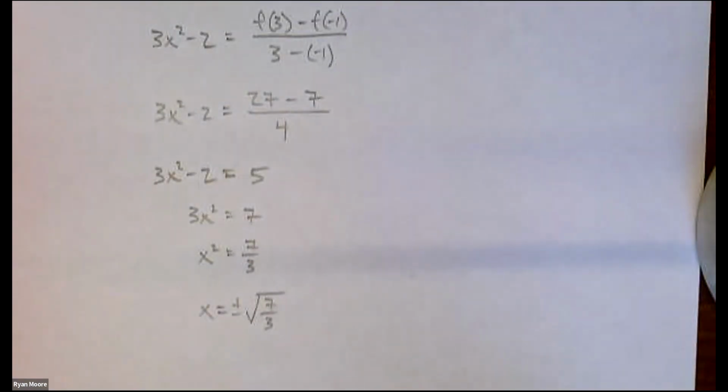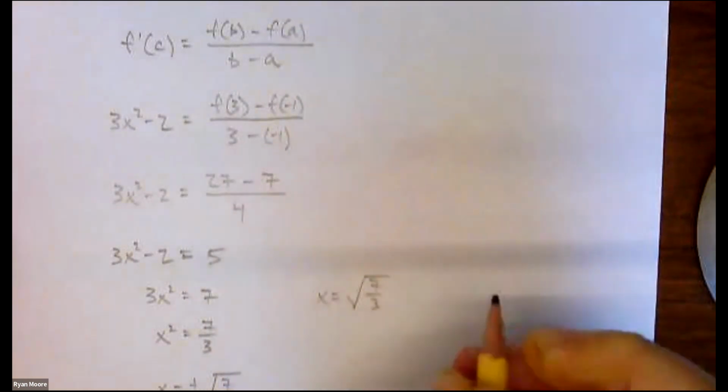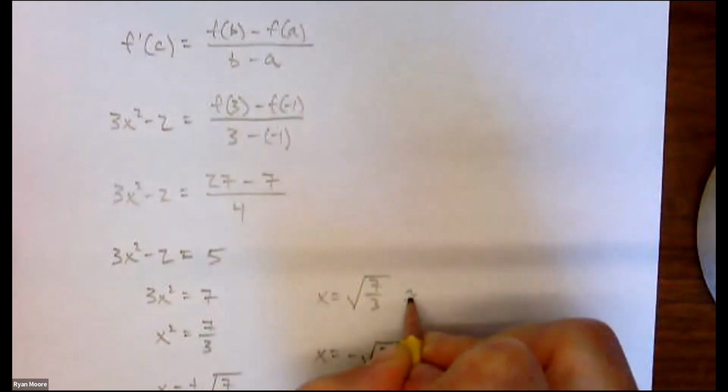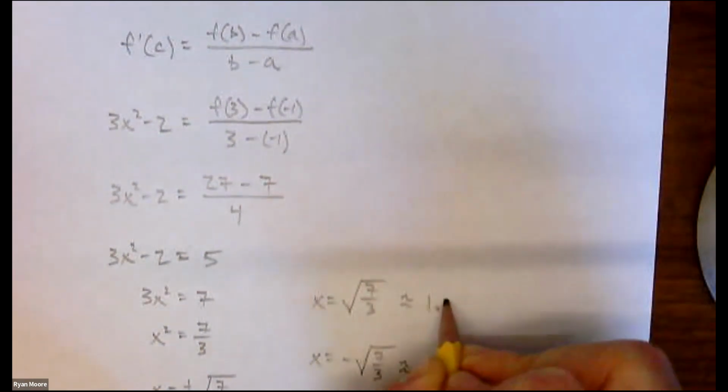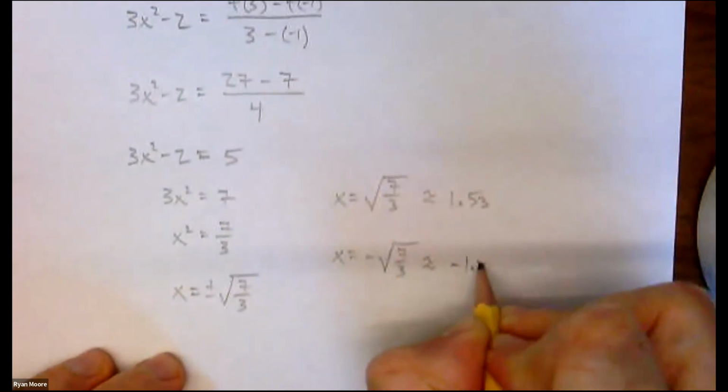Okay. Now, at least one of these has got to be in our interval. Let's see. x equals the positive square root and x equals the negative square root. They might both be. I don't really know what these numbers are, so I'm going to grab my calculator. Square root of 7/3. Okay, I got 1.53. So this one would have to be negative 1.53.